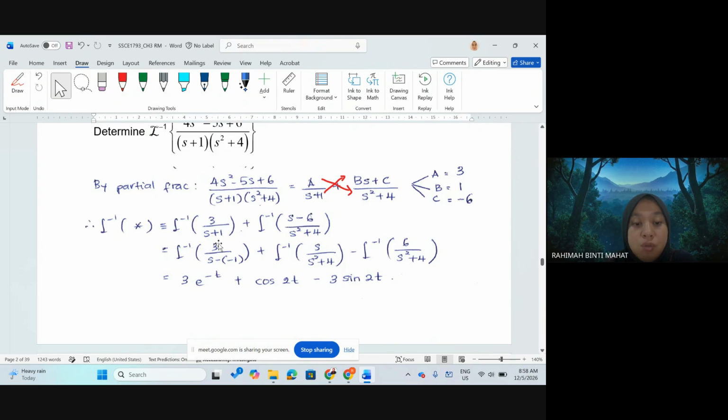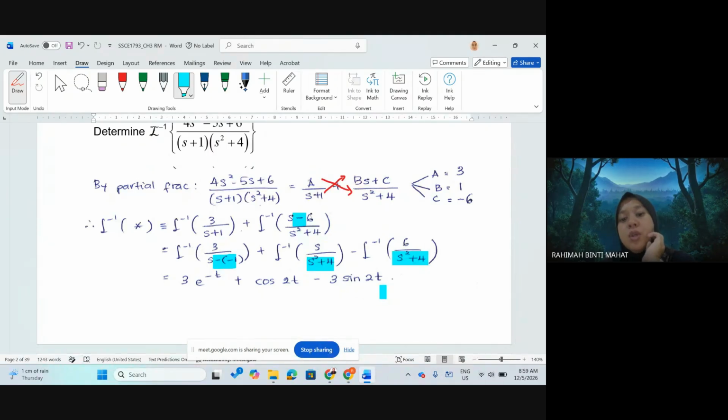So from here, modify the equation here. So s minus 6, and because we cannot separate s square plus 4 anymore, we separate by using the upper term here. So s over s square plus 4, because you can use the table for this. You can look into the table, what is the value.